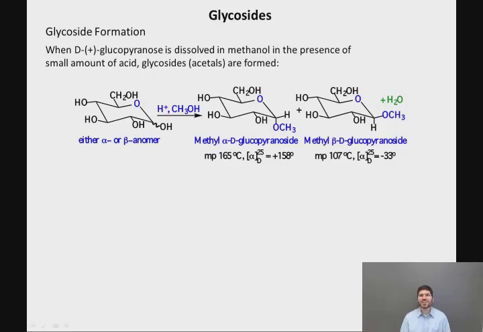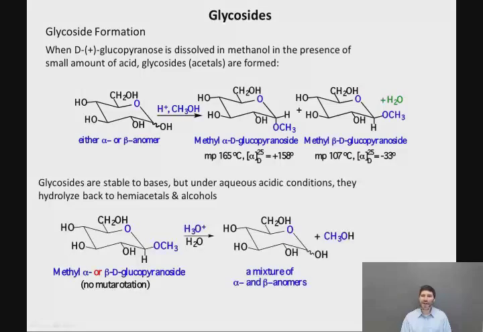The alpha has a specific rotation of positive 158 degrees, and the beta has a specific rotation of negative 33 degrees. So one of them's positive, the other's negative, and all we're doing is changing the stereochemistry at the anomeric carbon. The rest of the molecule's stereocenters remain the same, and it is still a D sugar.